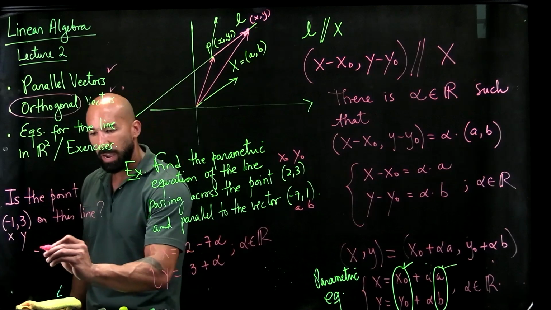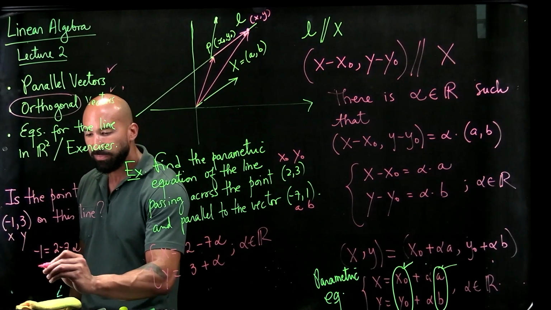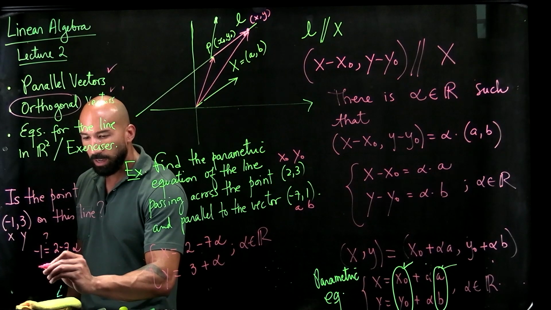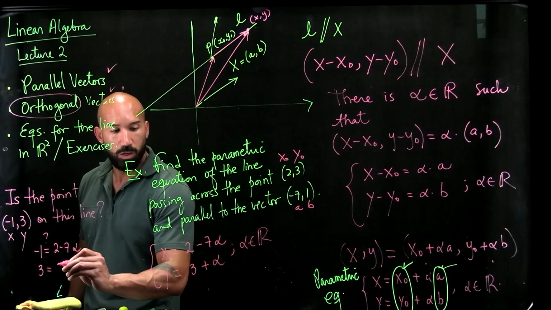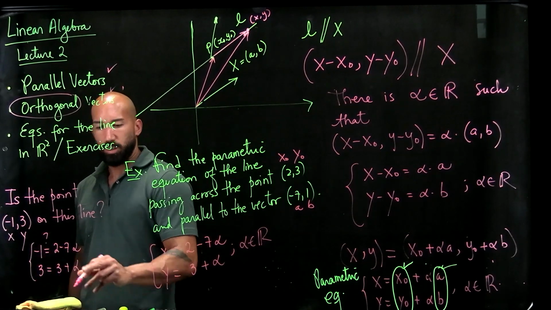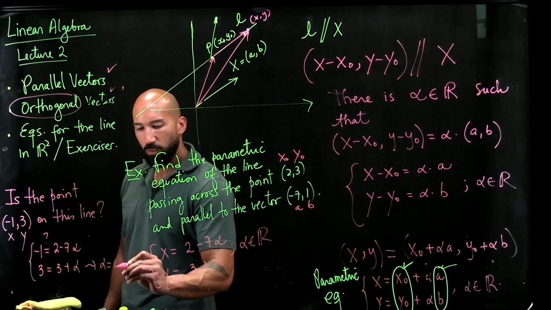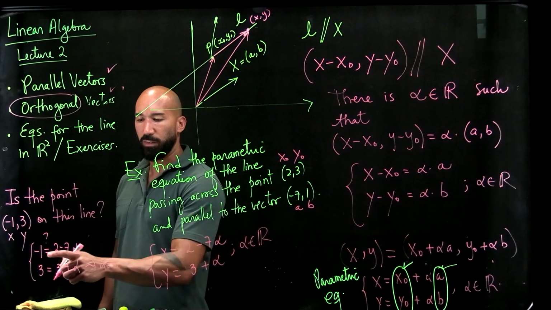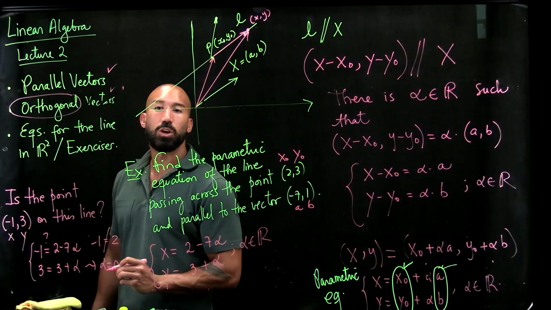So let's say minus 1 is equal to 2 minus 7 alpha, and 3 is equal to 3 plus alpha. The second one is forcing alpha to be 0, but if alpha is 0, we get negative 1 equal to 2, and we know that it's not the same.